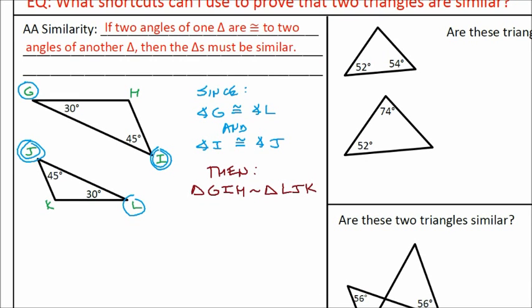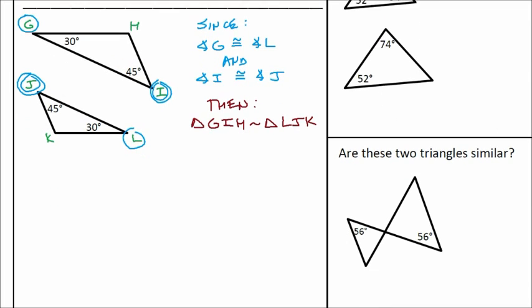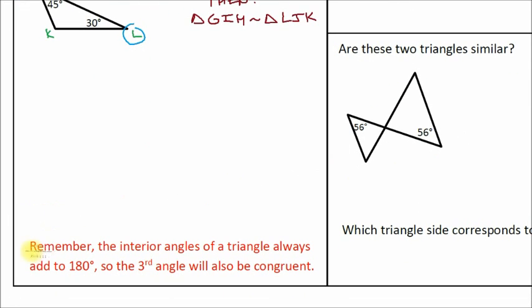Okay, so there's our first part. One more thing we note here. We already talked about this, that G corresponds to L, J corresponds to I, H corresponds to K. One more thing I want you to make a little note on the bottom of this. Put a reminder to yourself. The interior angles of a triangle always add to 180 degrees, so the third angle will also be congruent.